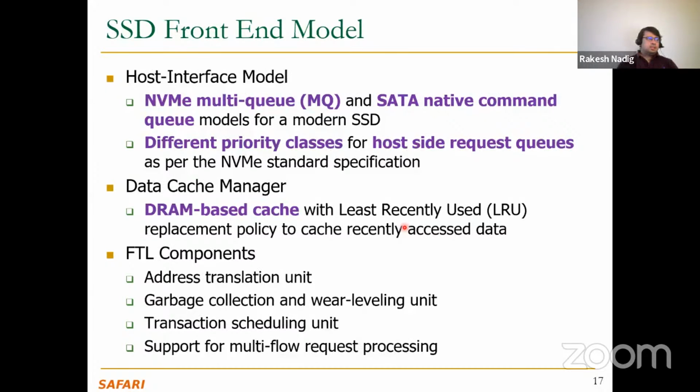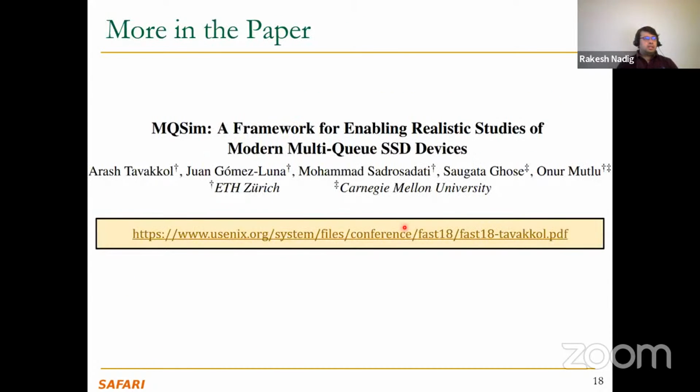So these are some of the components modeled in MQSim, and for more comparison with other simulators and more details on each of these components, I would encourage you to read the paper.